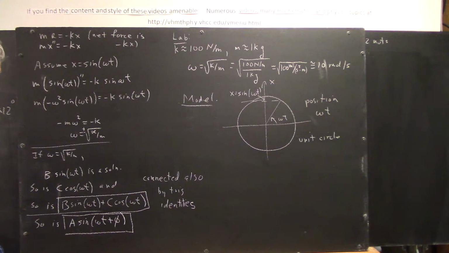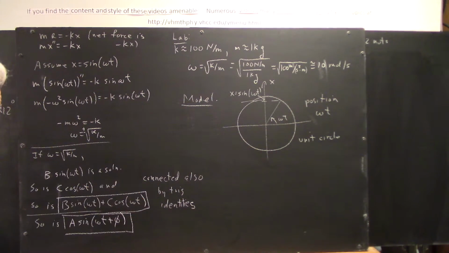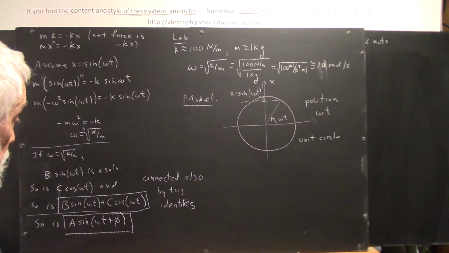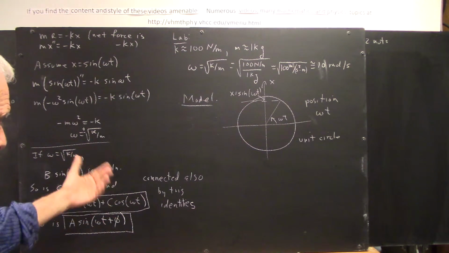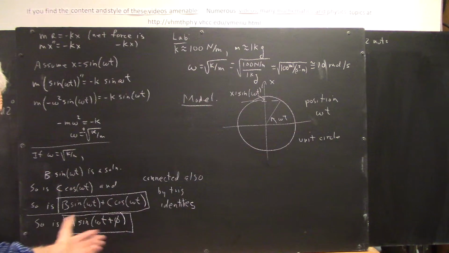Just apply that identity, you're going to get a sine times a cosine and a cosine times a sine, or something of that nature by the trig identities, and you'll be able to tell how the coefficients b and c relate. b is going to be like the sine or cosine of phi, c is going to be like the cosine or sine of phi, depending on just what that identity is, and I'll let you worry about that.